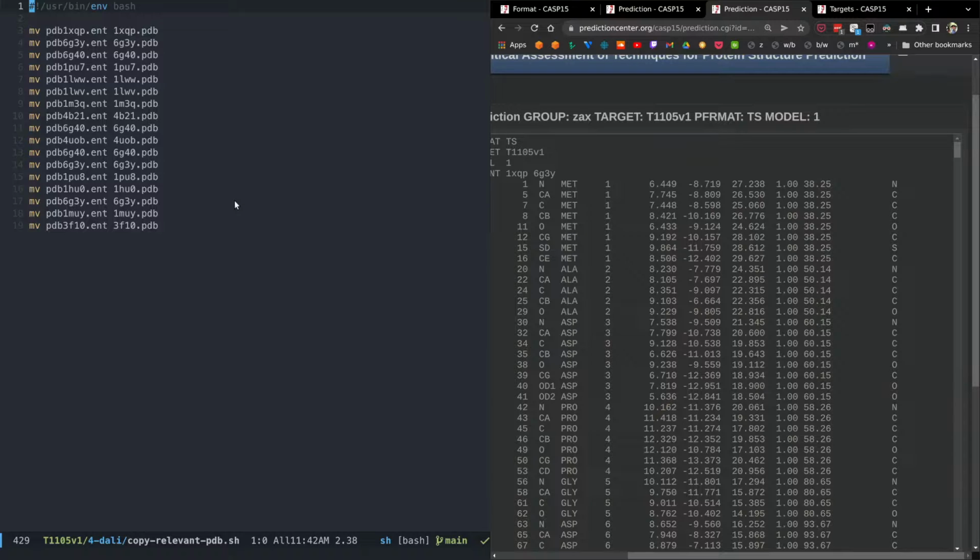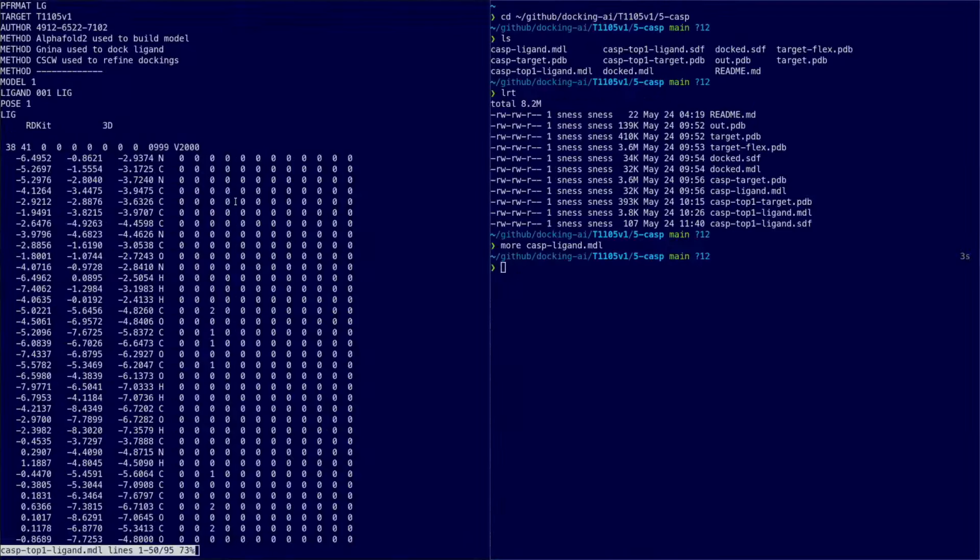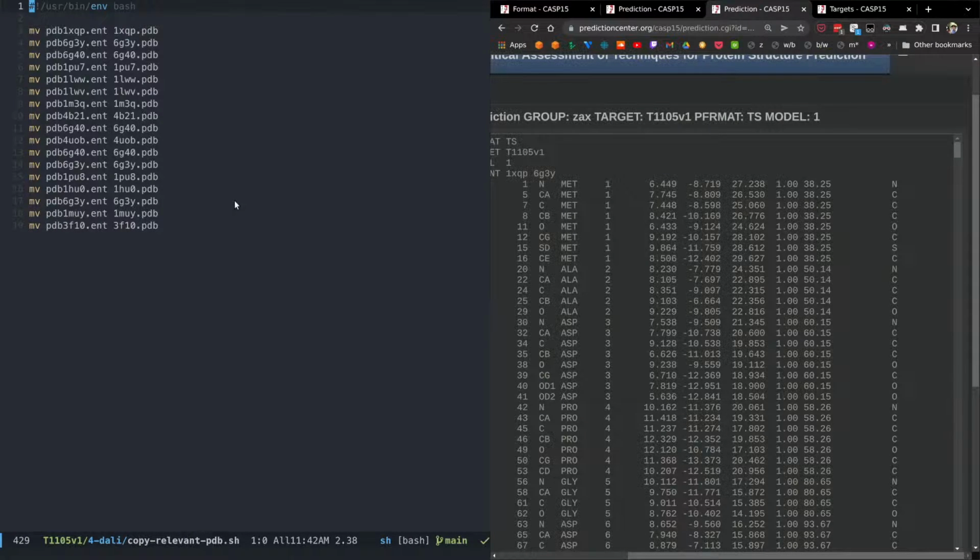Good to look at all those structures. It's too bad I can't just load them. It's a bit of a pain to do it in PyMOL. I should just write some scripts to visualize all that.